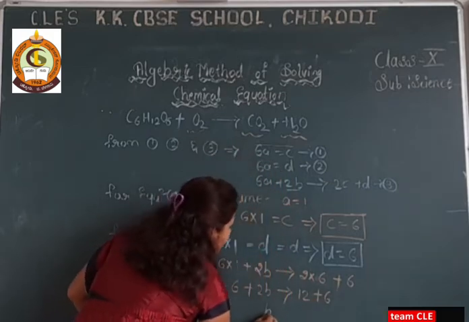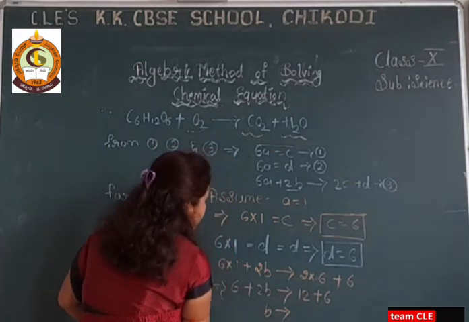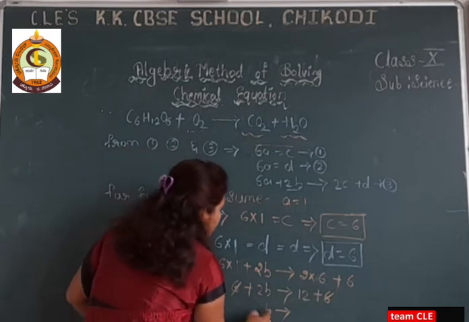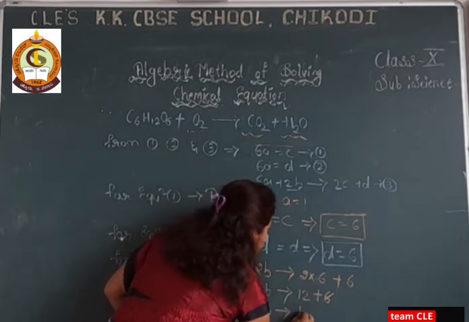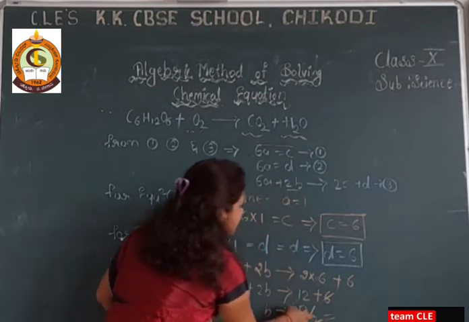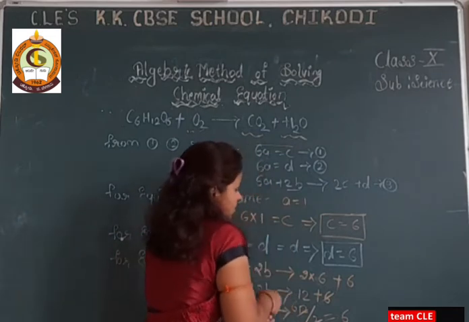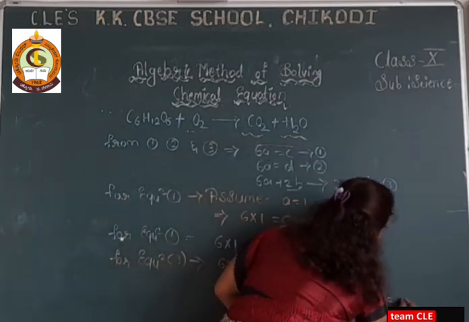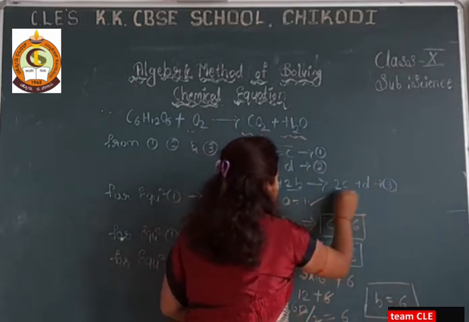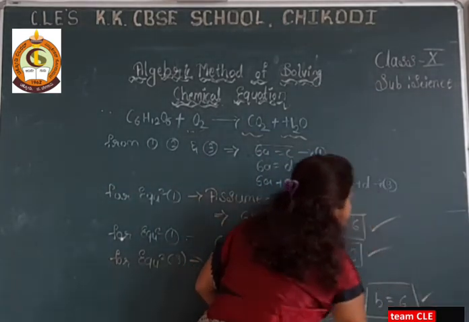For getting the B value, this 6 will go off. So what will remain with us? B is equal to 12 by 2. 12 divided by 2 gives you 6. So what is our B value? That is also 6. So now we have A is equal to 1, C is equal to 6, D is equal to 6, B is equal to 6.